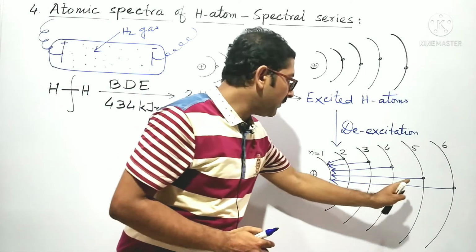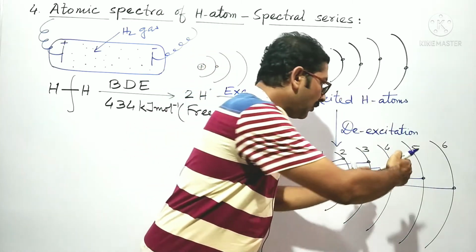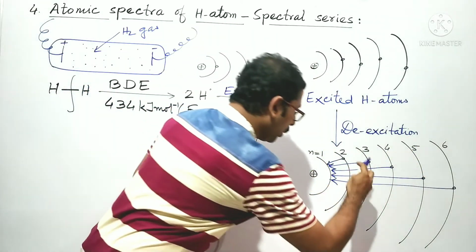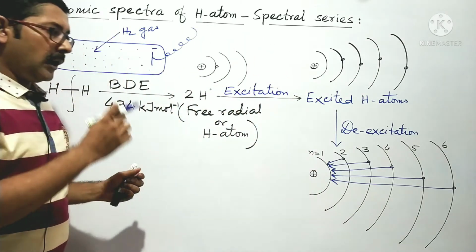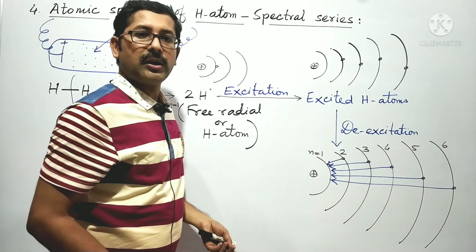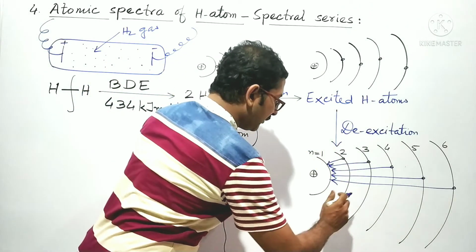So when the electrons of different atoms come back to the original state or the ground state, or any of the inner state, a series of lines will occur. This is the series of lines.